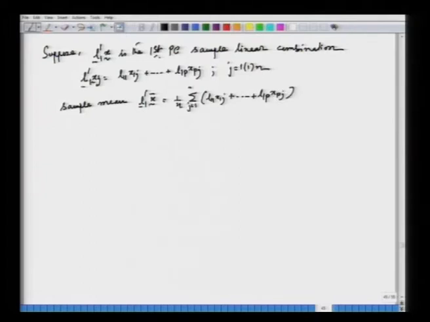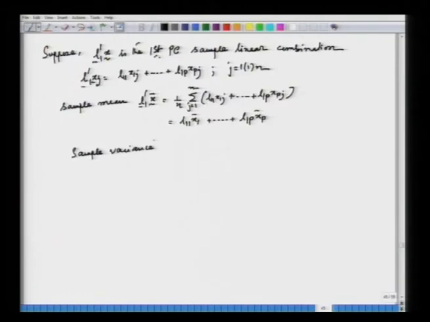According to the way we have defined the sample mean, these are nothing but L11 X1 bar up to L1p Xp bar, and this gives me L1 transpose X bar. This is the notation that we have used.